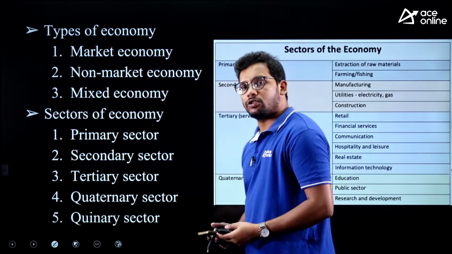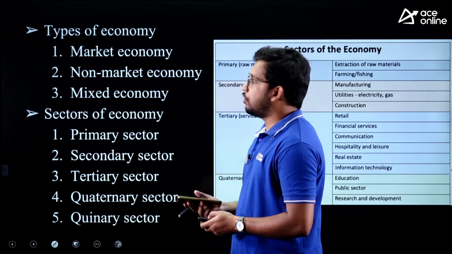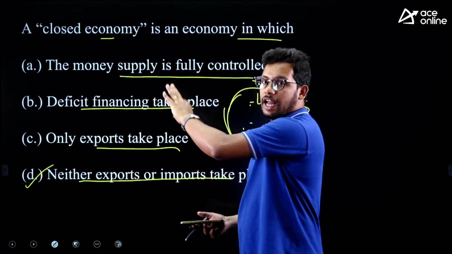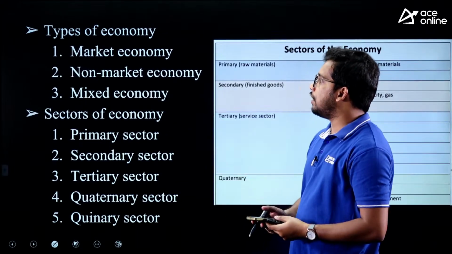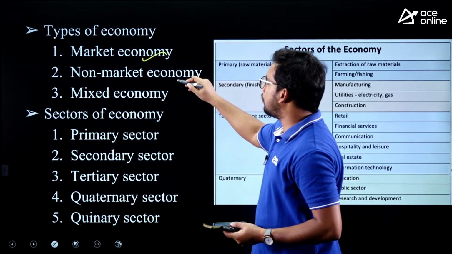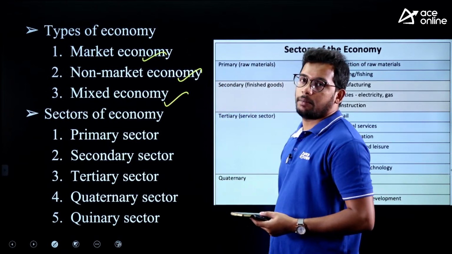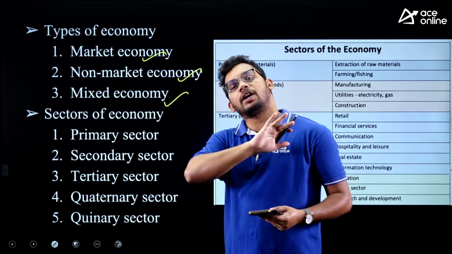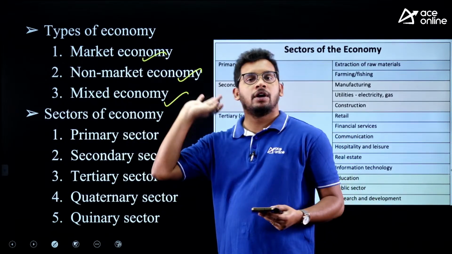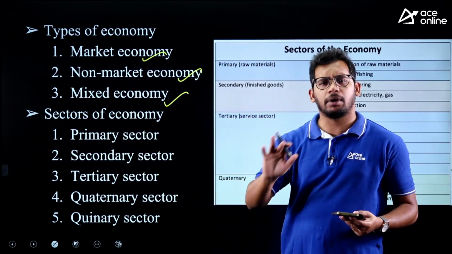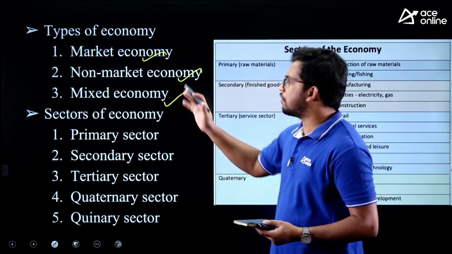Briefly, we will also see the types of economy. Don't confuse it with the classification of economy. The types of economy: we have market economy, non-market economy, mixed economy. Market economy means government control is not there. It is completely left to the private players like Reliance, Adani, Ambani. They can do business, they can earn whatever profit they want.